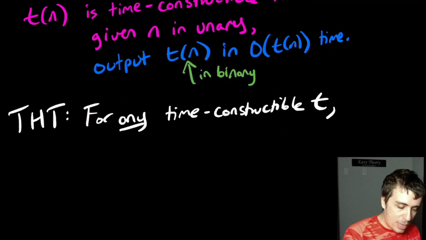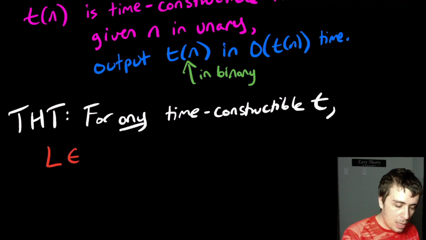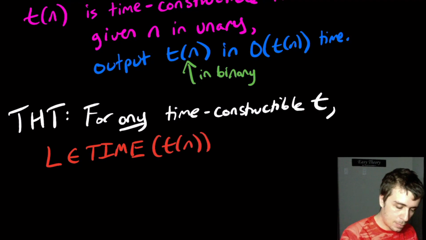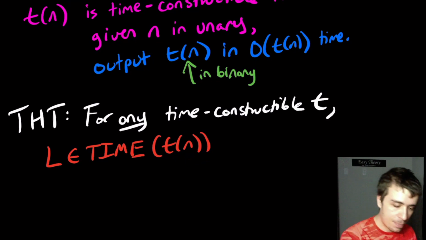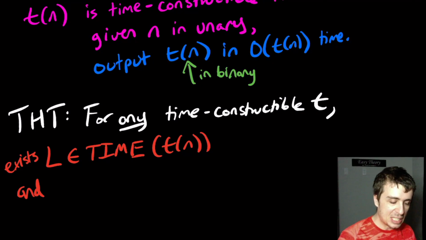Then we can say that there's some language L that belongs in time of t of n. Remember, time has big O in front of it. So this language runs in some constant times t of n time. And I should say exists here.